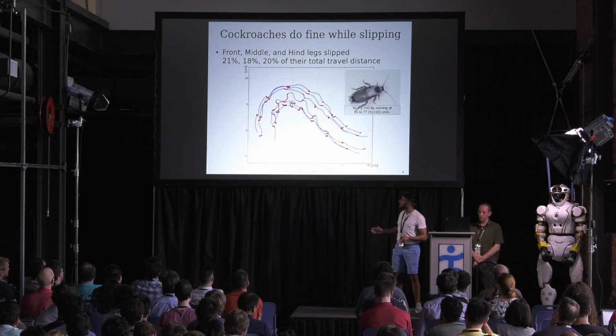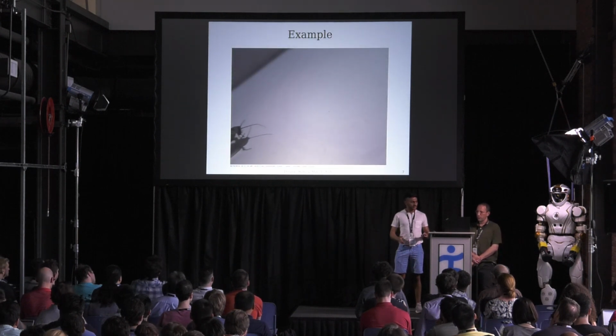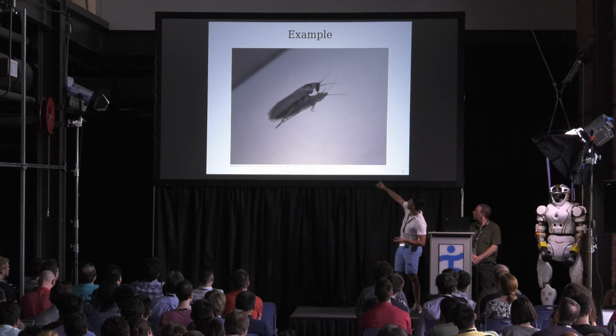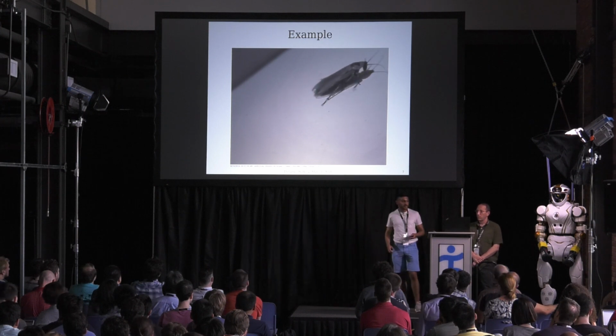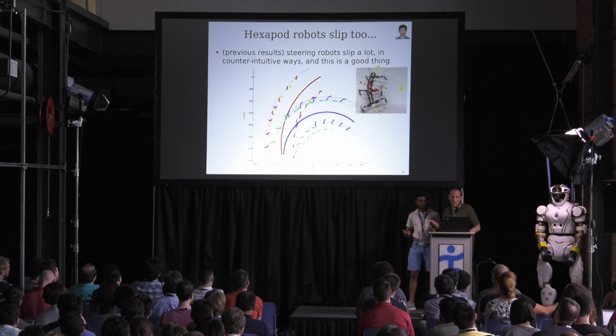This is when the cockroaches had their legs on the foam core surface, but were moving backwards. And here is a video of the cockroaches actually slipping. And here you can really see that slipping action when it moves its leg back across that foam core surface. And now we'll show you some slipping that happens in our hexapedal robots that we've constructed.